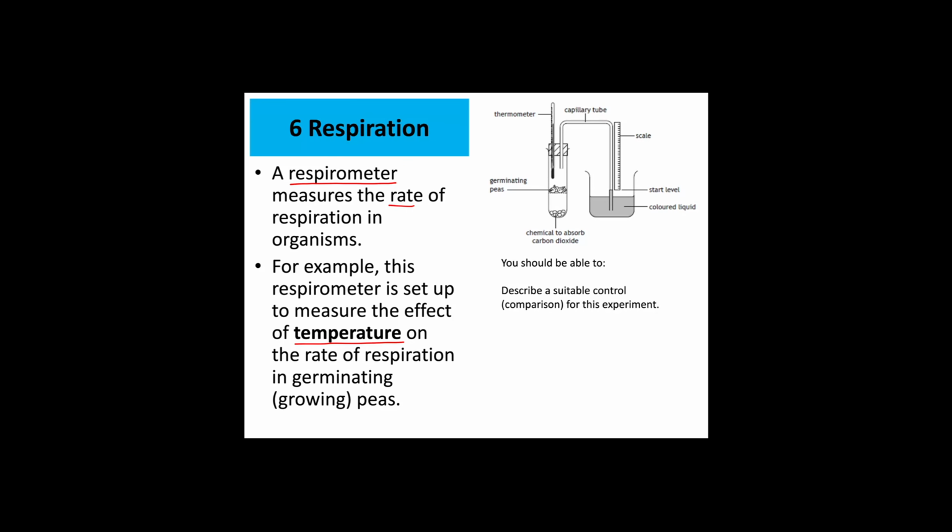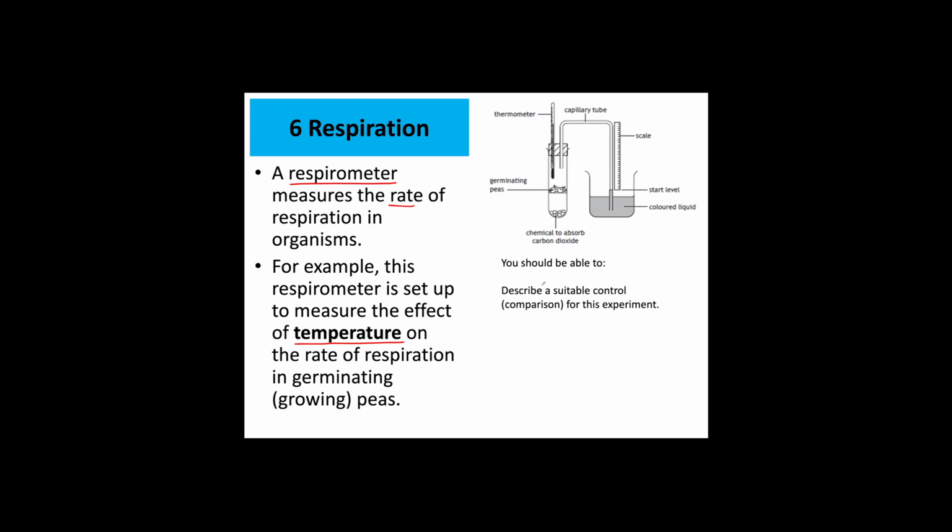Quite often we use a gas syringe, for example, to capture that gas that's released from it. There are lots of ways to measure it, but essentially we are measuring the products that are made by these peas, whether that be the carbon dioxide, which will be measured in a variety of ways, or some other measurement. So that's the effect of temperature on the rate of respiration in germinating peas.